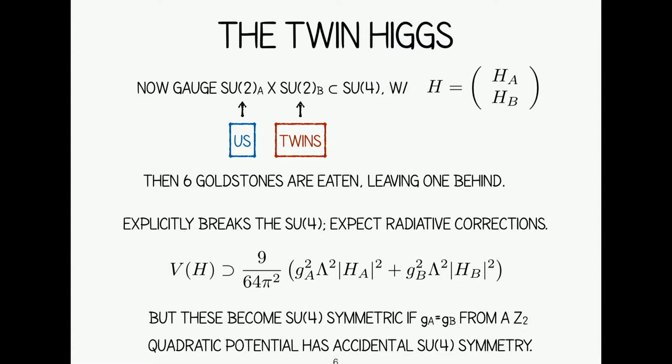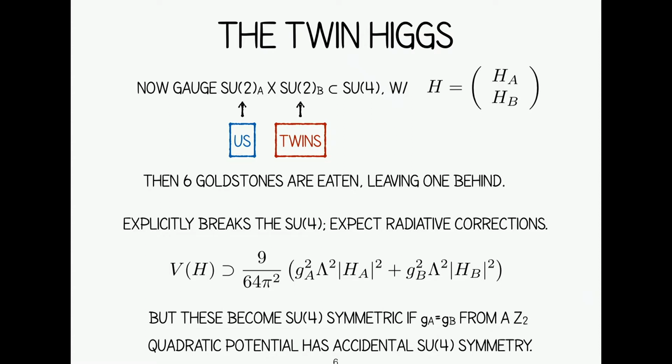Both gauge groups would be spontaneously broken, and every time we spontaneously break a gauge symmetry, we eat some appropriate number of Goldstones to become longitudinal modes for the gauge degrees of freedom. Here, I have two SU2 factors. If they're both broken, each one eats 3 Goldstones, so I eat 6 Goldstones. That means of the 7 original Goldstones from breaking SU4 to SU3, I leave 1 Goldstone behind, and I have 2 sets of massive gauge bosons.